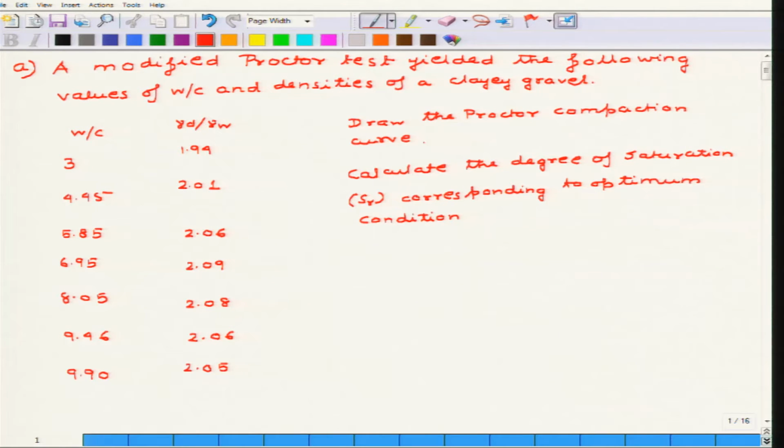Assuming that the specific gravity of solids, that is GS, is equal to 2.65.